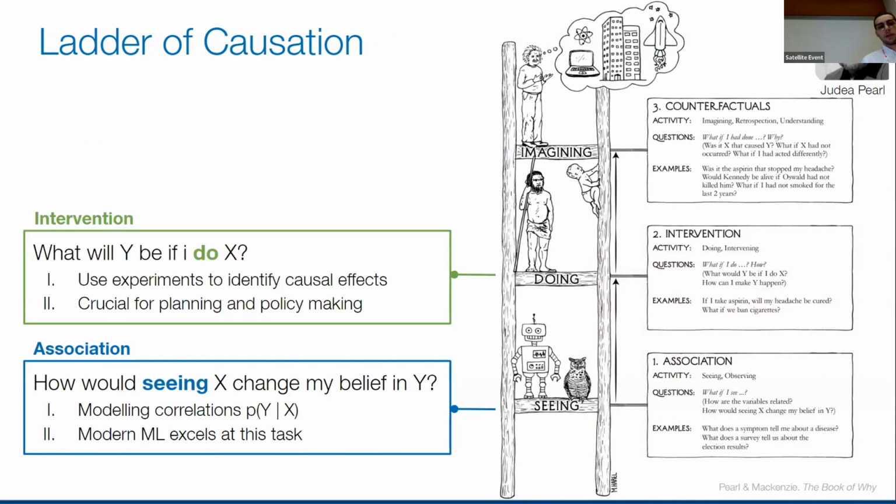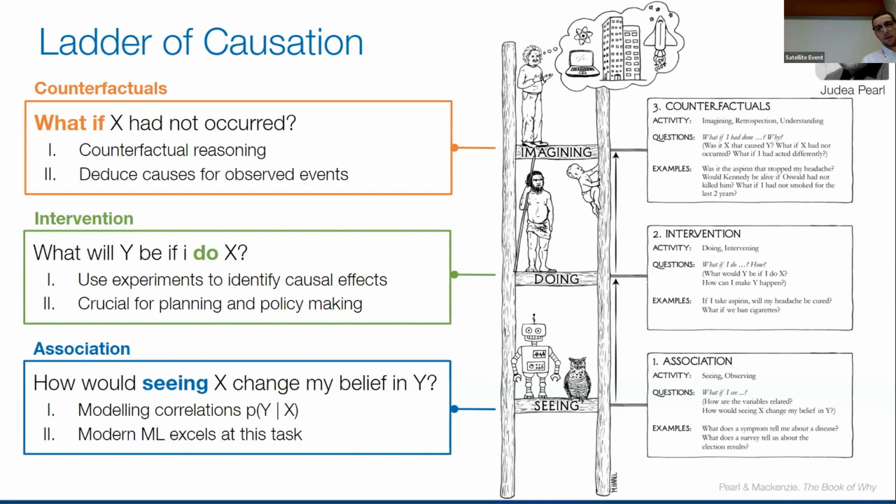The second rung of the ladder has to do with interventions. So you may ask questions like, what will Y be if I do X, if I act in some way? We can use experiments to learn about causal effects in this way. Interventions are crucial for planning, policy making, and figuring out whether treatments are effective for treating diseases and so on.